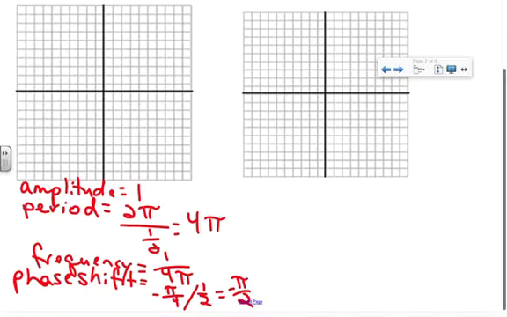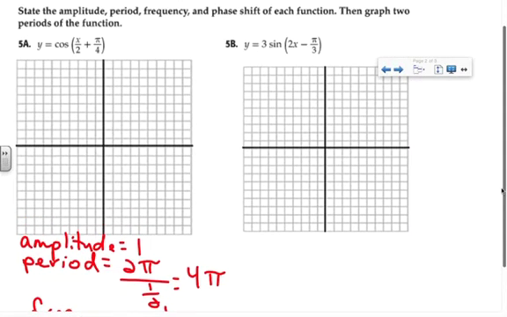When we are graphing these, hopefully by now you've gotten the hang of the pattern of how these graphs look, where they start, at what point, based on our period, the function recycles itself, what's happening kind of at our halfway points. And so maybe, hopefully, by now, you don't need the standard function in our graph anymore. That's what I'm hoping for.